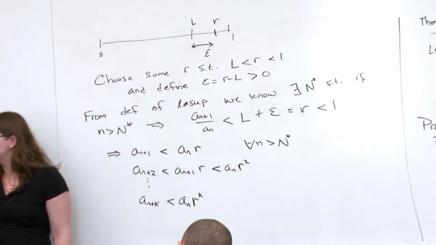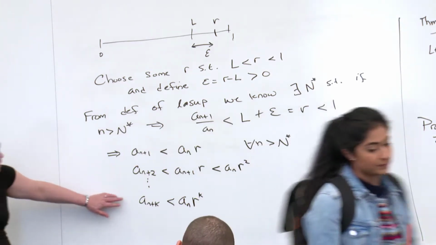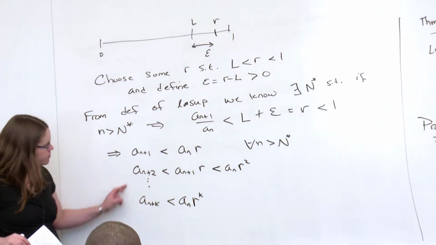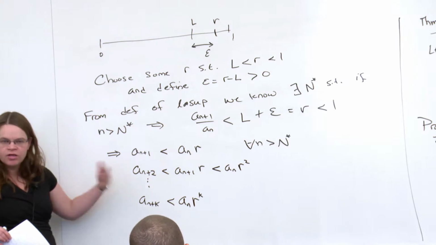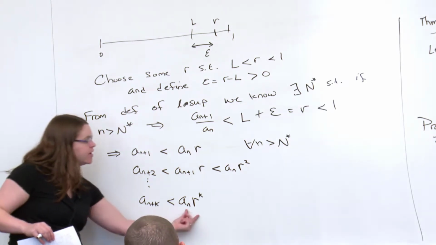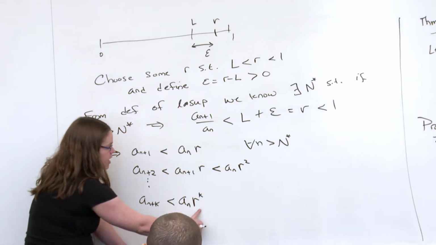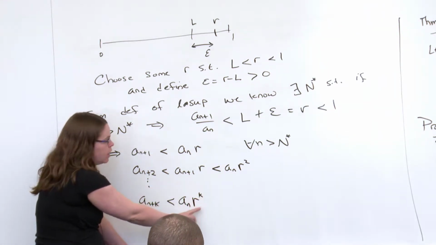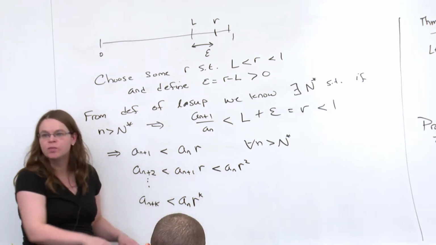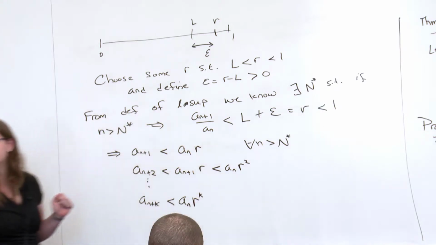Okay, and now things are starting to look good for us, because now if I start adding up all of these terms, a_{n+1} plus a_{n+2}, a_{n+3}, as far as I want, each of those terms I can compare to something that looks like this. And this is a fixed n, and it's the k's we're adding up over. So we're adding up r plus r squared plus r cubed, and so on, where r happens to be a number less than 1.